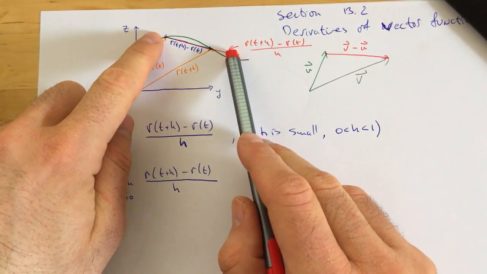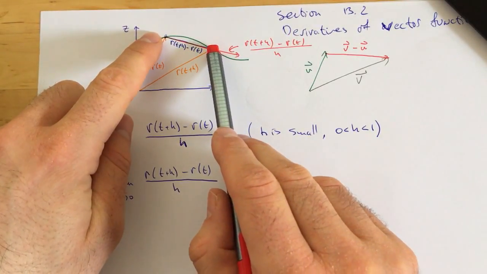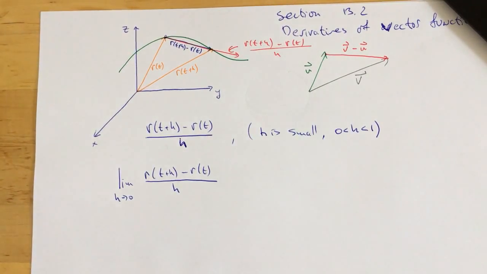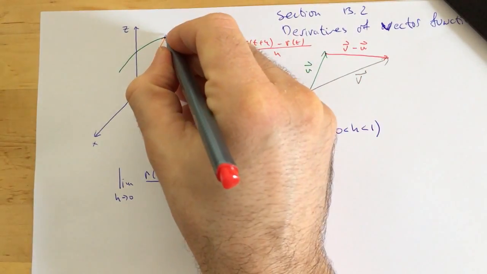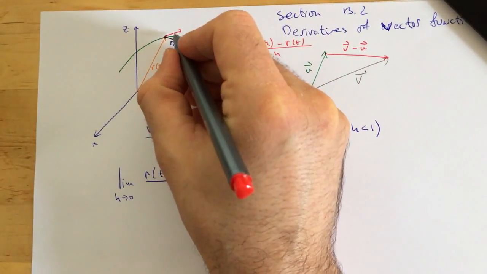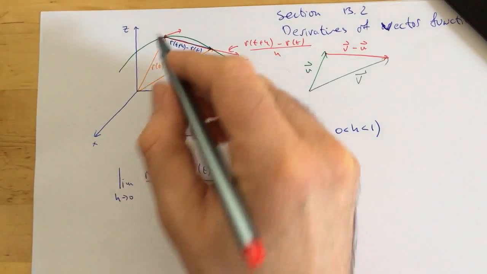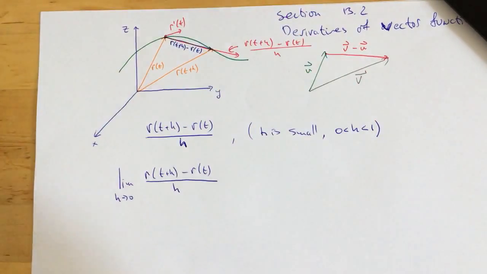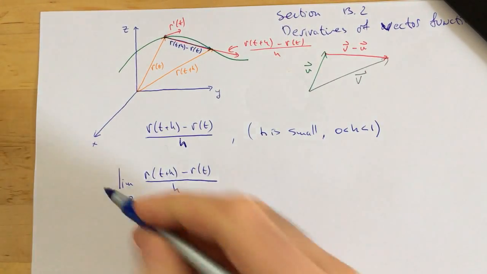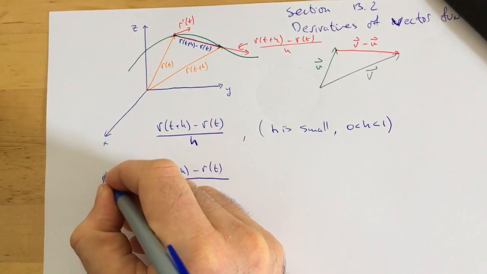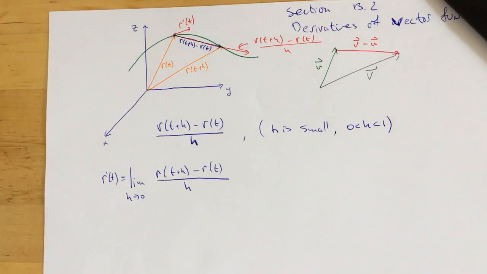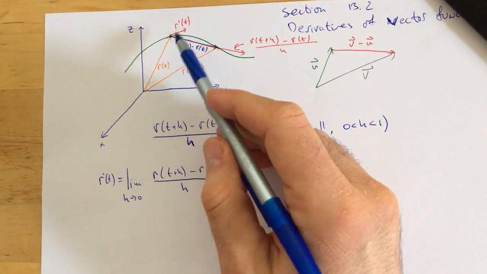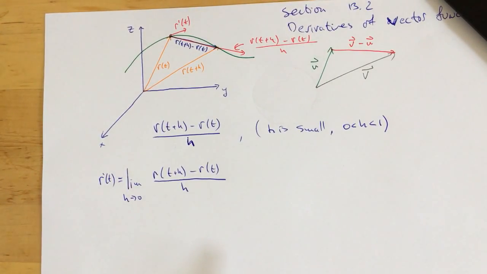So this vector is going to get closer and closer to this point here, and as h goes to 0, this ratio results in r prime of t, the derivative of the vector function. Again, r prime of t, the derivative of a vector function, is also a vector.